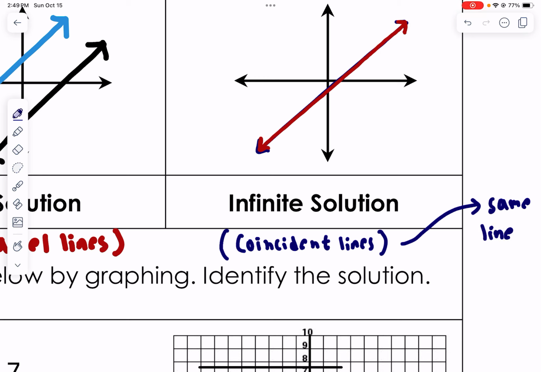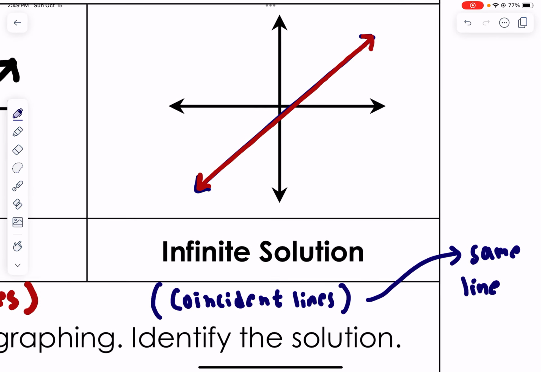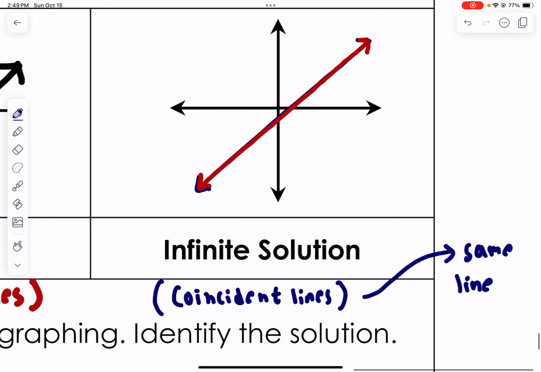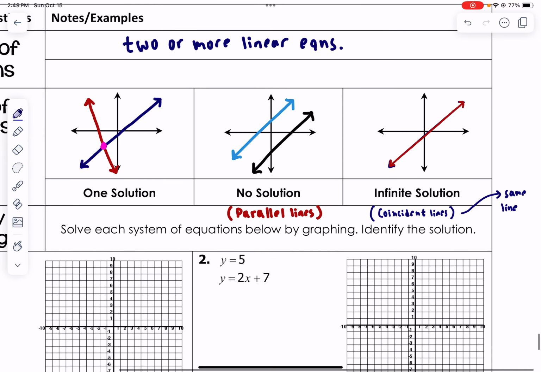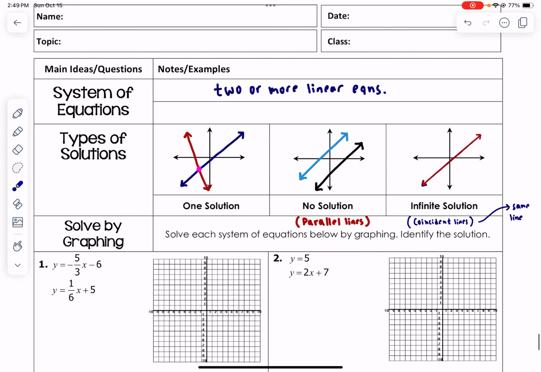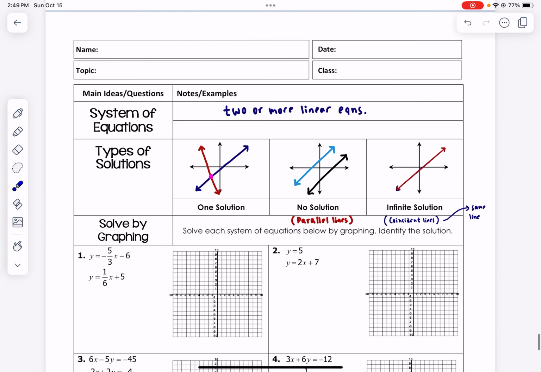So these two equations that they give you for an infinite solution case are exactly the same. These are the main key features of solving systems of equations. Once again, you have a one solution case, a no solution case, and an infinite solution case.